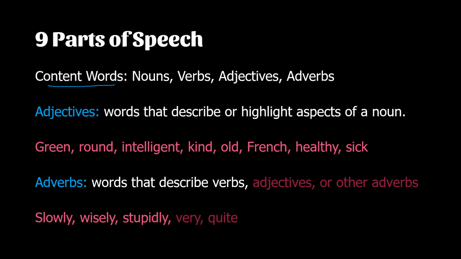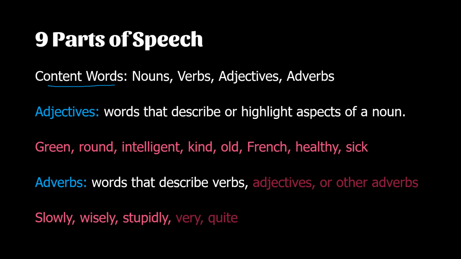Let's look at adjectives first. Adjectives describe or highlight aspects of a noun. Words like green for the color of something, round for the shape, intelligent for what I judge somebody to be like. Same with kind. I'm judging a person whether they're kind or not.